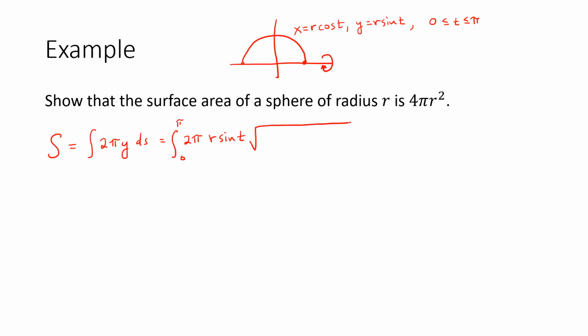And then the square root of dx over dt squared, so that's negative r sine t squared, plus dy over dt squared, so that's r cosine t squared. So notice I'm just using the derivatives here in our equation for the arc length.